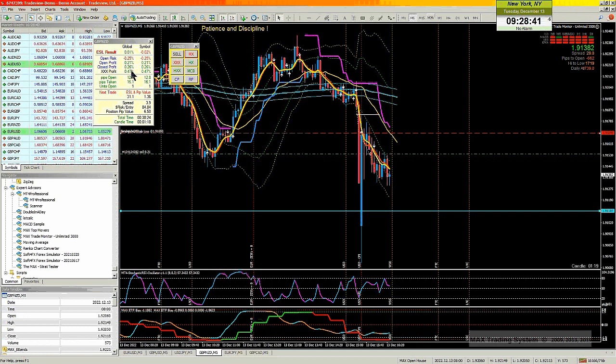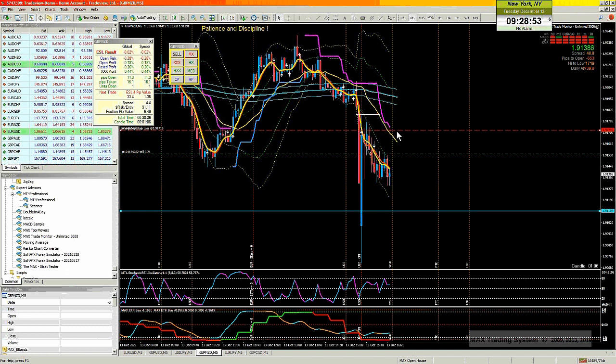The global column represents the result of the trade if we have several simultaneous trades on different pairs. I will try to see if I can. No, it doesn't change the number. Sometimes it takes time to update the numbers. Or perhaps the spread is increasing.